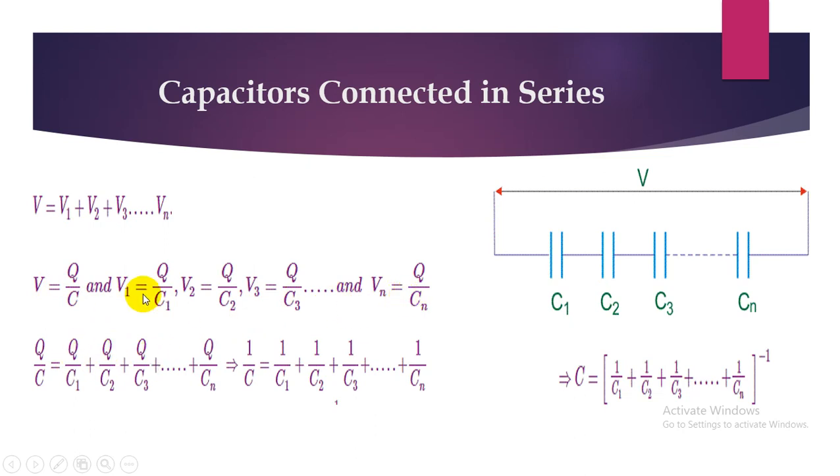So when we substitute these values in the equation, we get 1 by C is equal to 1 by C1 plus 1 by C2 plus 1 by C3 plus 1 by Cn, like this. So this is the effective value of capacitance when we connect the capacitances in series with each other.